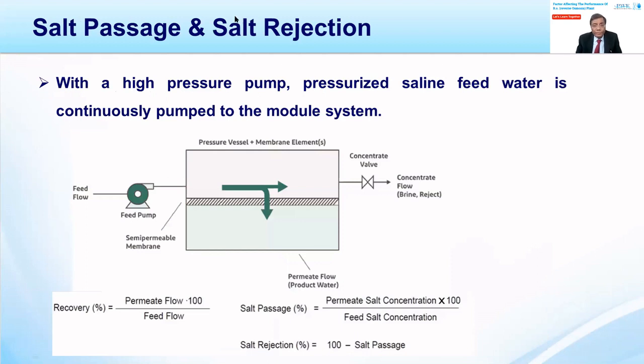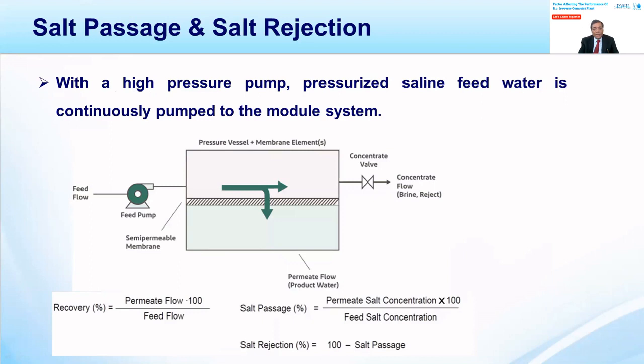Now, this is the recovery. I have already explained that product divided by feed times 100 is the recovery of the system, and similarly the salt passage is the salt concentration in the product water divided by the salt concentration in the feed water times 100.